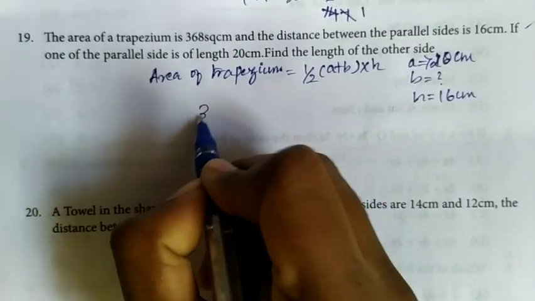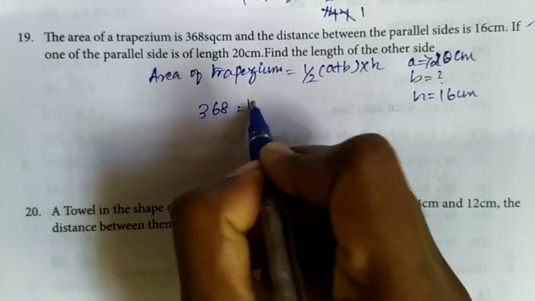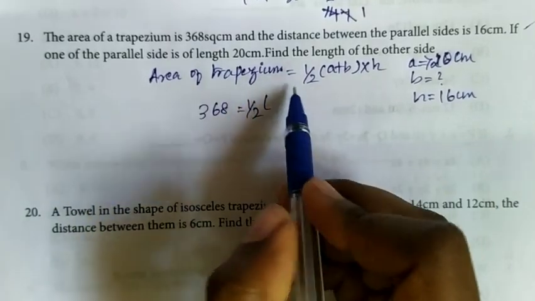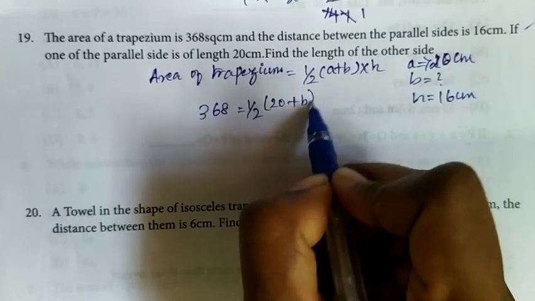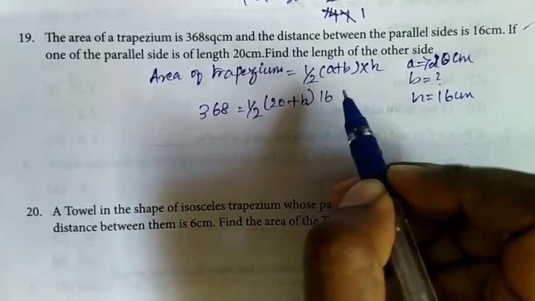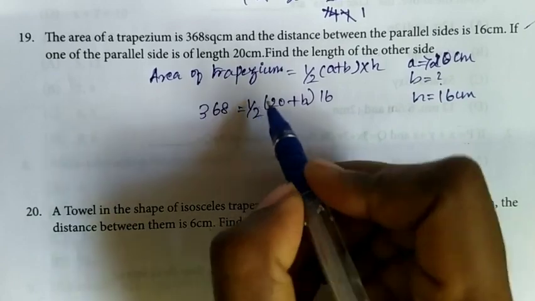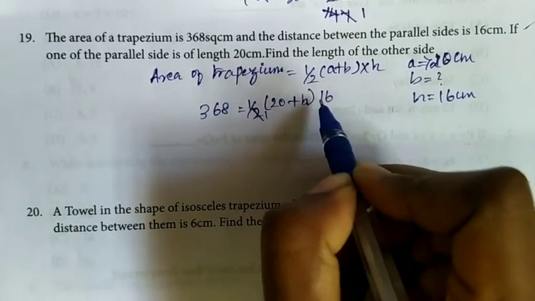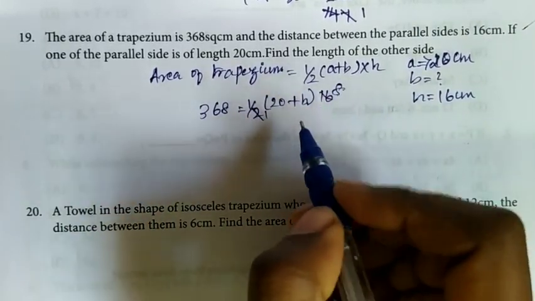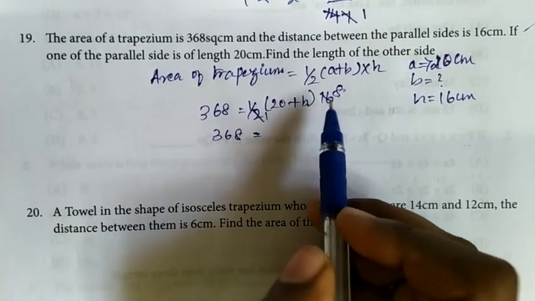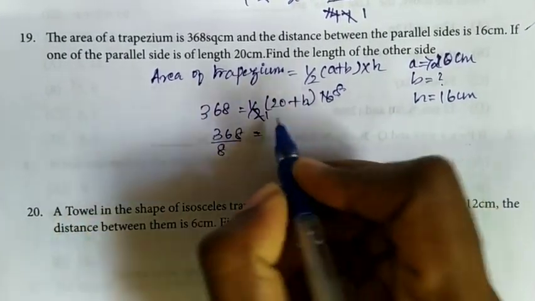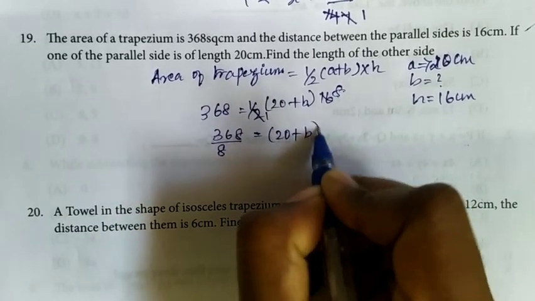Area of trapezium is 368 square centimeter. Then half into a is 20 centimeter. We need to find b, plus b into height is 16 centimeter. Cancel it by second table. 2 1 is 2 and 2 8 is 16. So 368. Bring this 8 here. So 20 plus b.